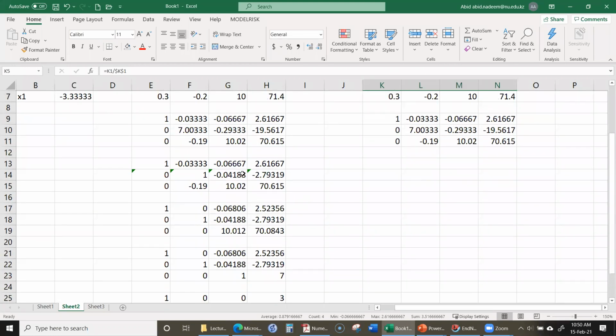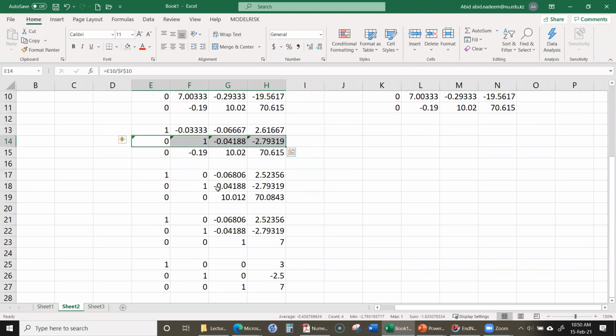In the next step, I will make this 7.003 as 1. That means I will divide the second row by 7.0003, and then I will get this equation. This system of equations and the previous one are the same, except that I have divided the second row by 7.0033.